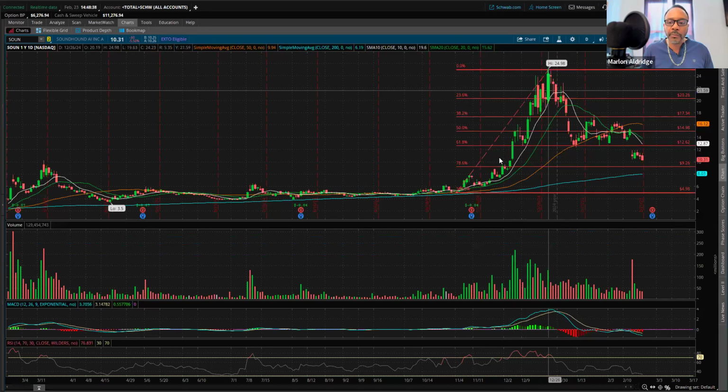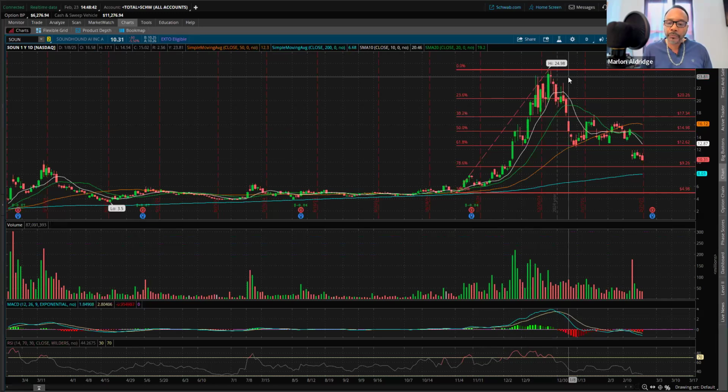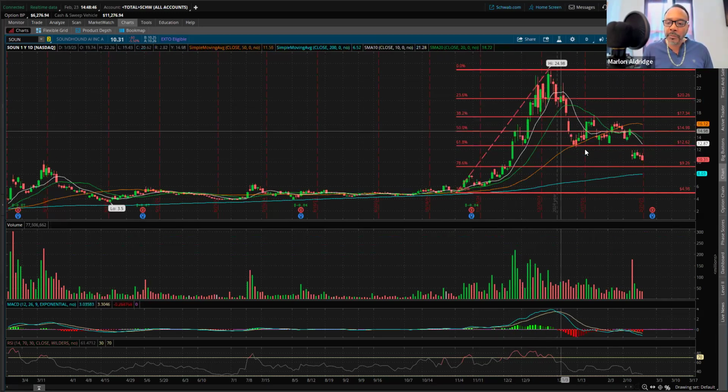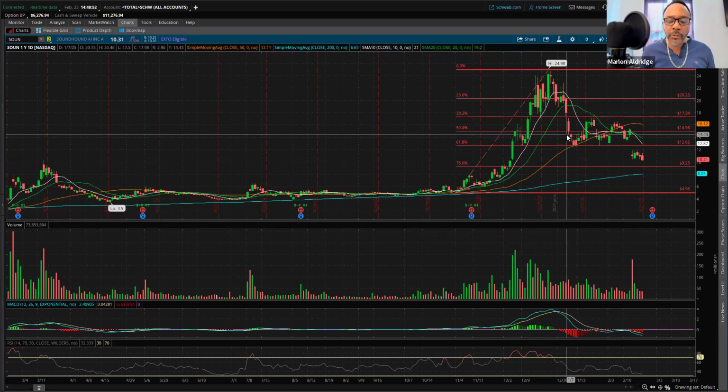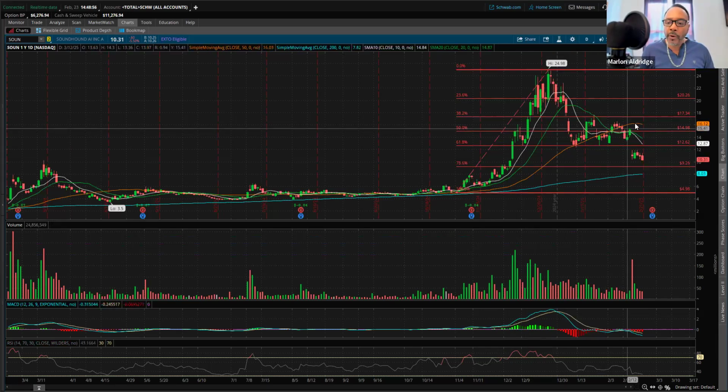This is more sentiment, what people think, which is very subjective. And so even as I speak, some of what I'm saying is subjective. You guys may look at it and say, well, I don't see it that way. Okay, but the point is this: you don't want to use Fibonacci by itself.